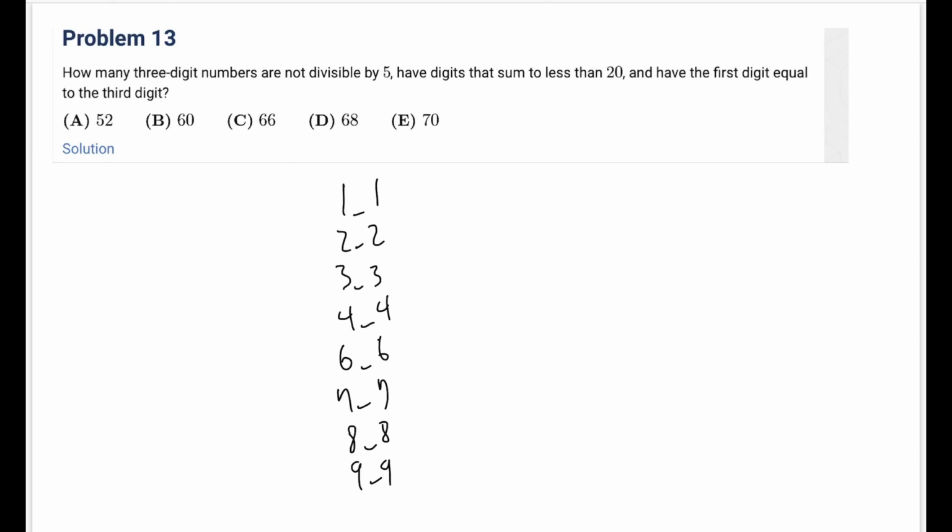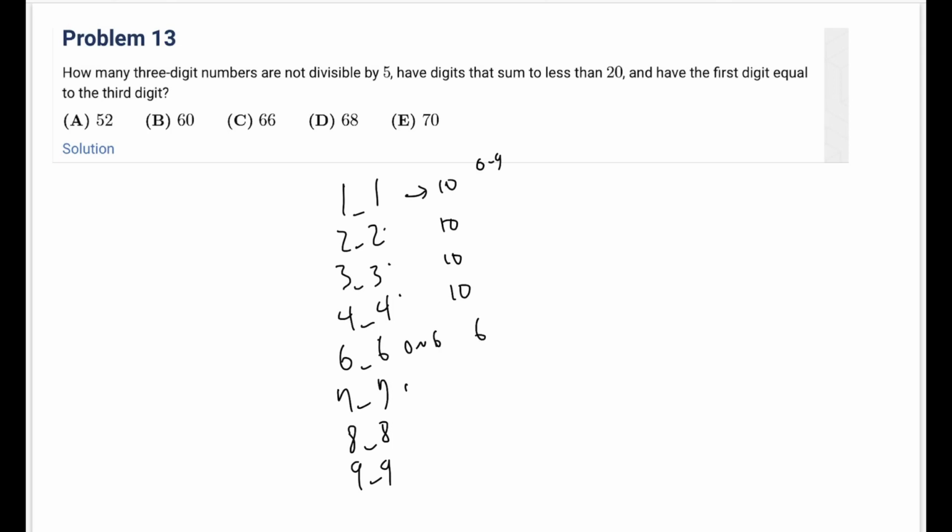And then their digits have to sum to less than 20, right? So there will be 10 ways for this one, 0 to 9. Same thing here, 0 to 9, so it's 10. 0 to 9 is 10. But then here we have 0 to 6, right?